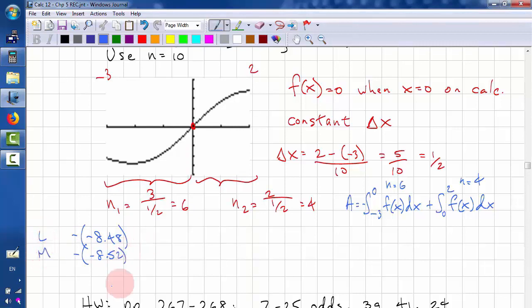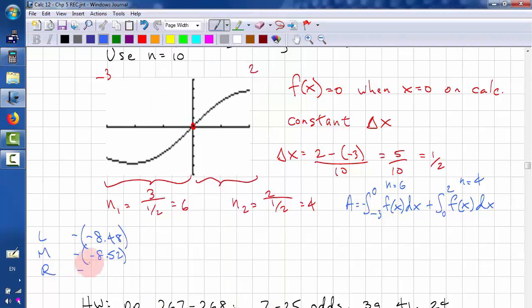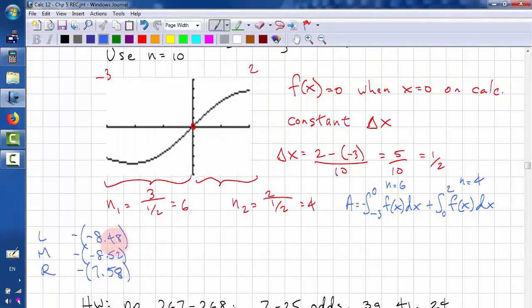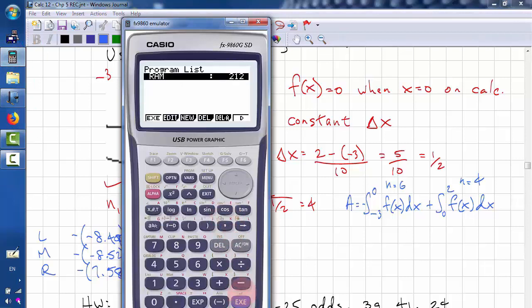LRAM, MRAM, RRAM, and -7.57. Okay, we'll run this again with the second part.